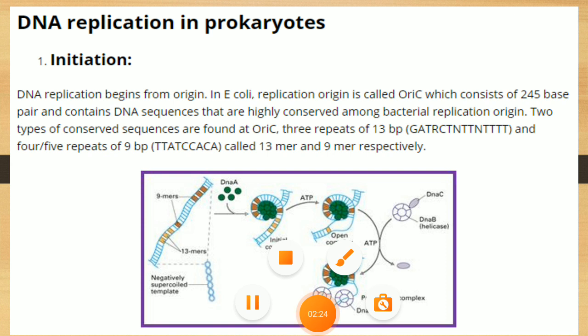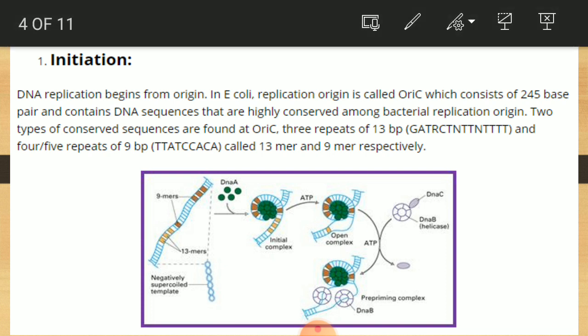Initiation. The initiation starts from a specific point that is known as OriC, and this origin of replication consists of three 13 base pair sequences known as 13-mers, and four or five 9 base pair sequences known as 9-mers.